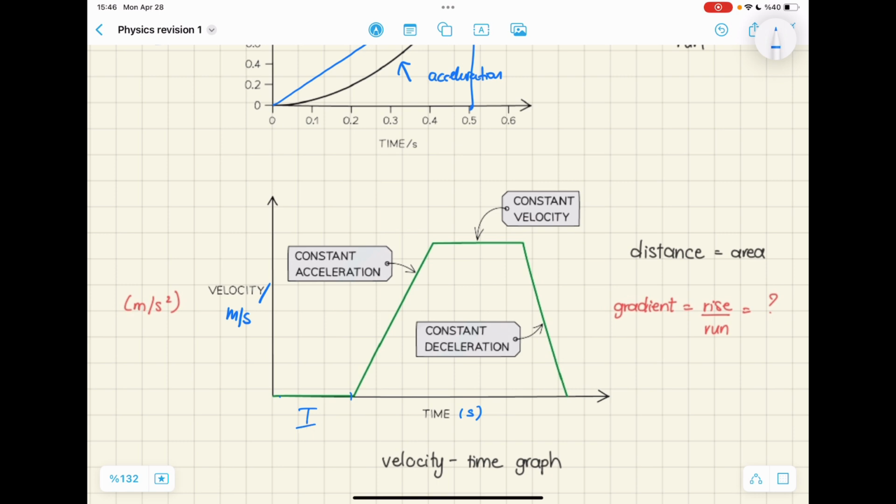Zero or constant velocity is the same thing. This is why this area as well as area number 3 are both just flat lines. So we have 4 areas here. First area will be constant velocity, which is 0. Then constant acceleration, then constant velocity, and then constant deceleration.